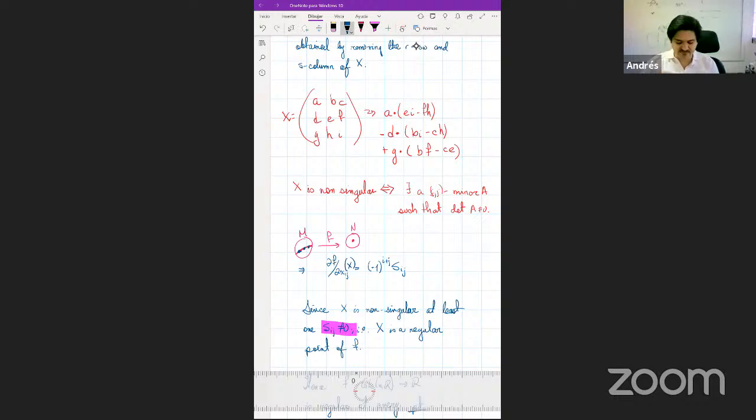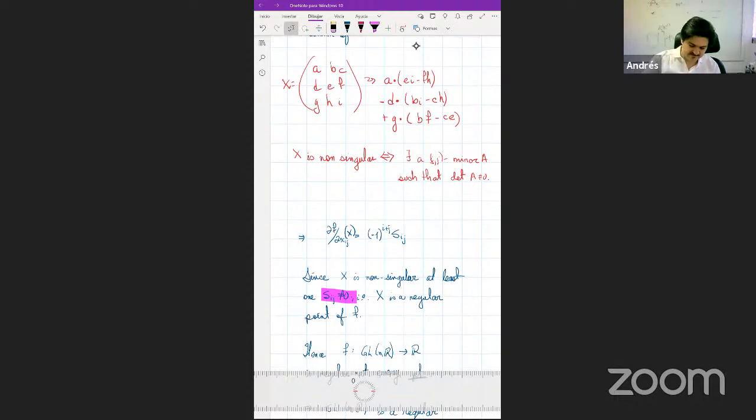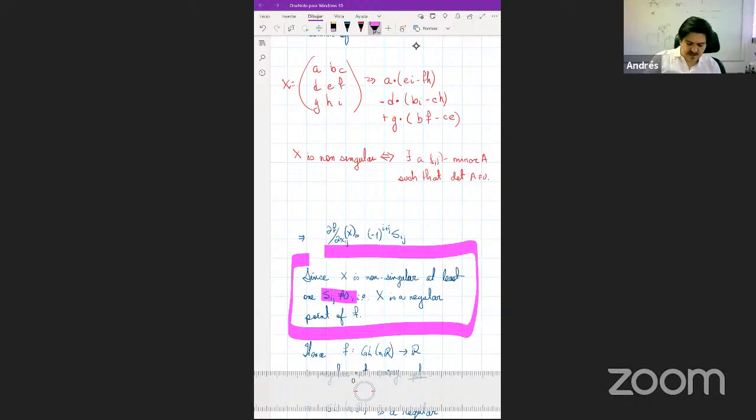The argument that we have here, we have proved more than that. Even the points that are not in the preimage have maximum rank. In other words, in this step, I only use the fact that x is non-singular, and I don't use the fact that the determinant of x is 1.